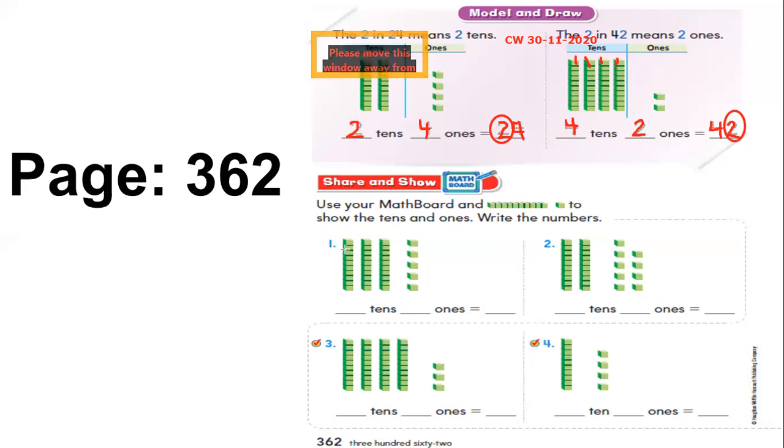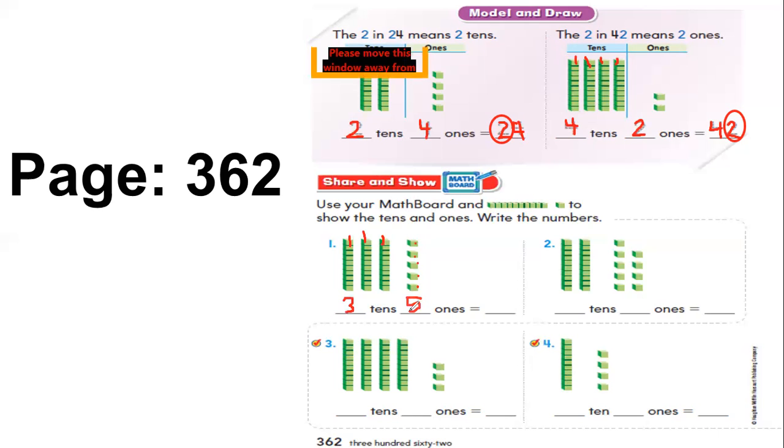So we have question number 1. Let's count how many tens we have here. It's 1, 2, and 3. So we have 3 tens. And how many ones? 1, 2, 3, 4, 5.